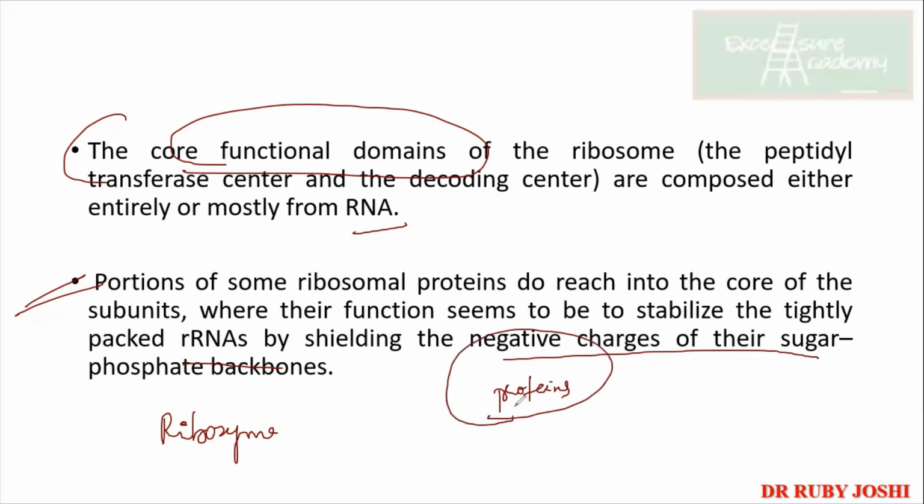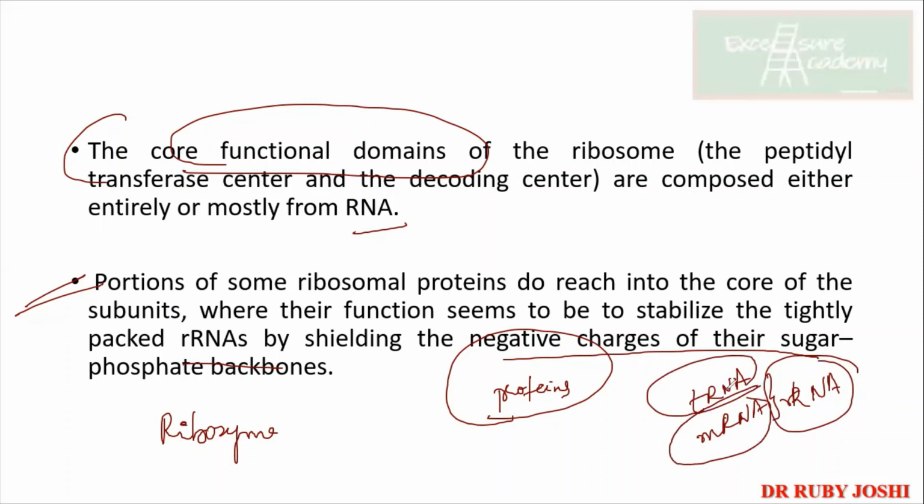So one of the main reasons is that we know that we are going to bring the tRNA as well as mRNA, right? And then we have RNAs also of your ribosomes. So तीनों तरह के RNA is coming, and all these three are made up of sugar phosphate backbones, right?